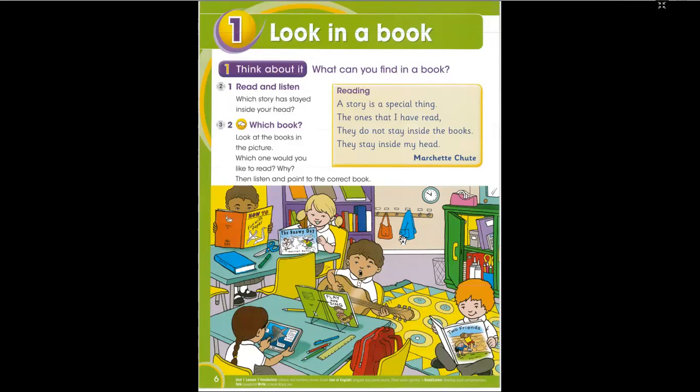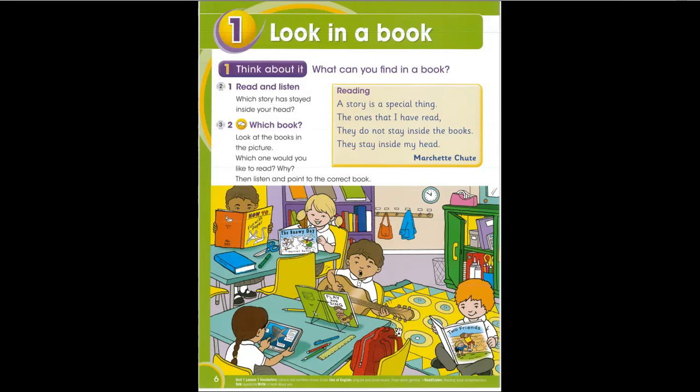The color of the ruler is light brown. It's not yellow. Why are we using is? Because here on the table we have only one ruler, not more than one.